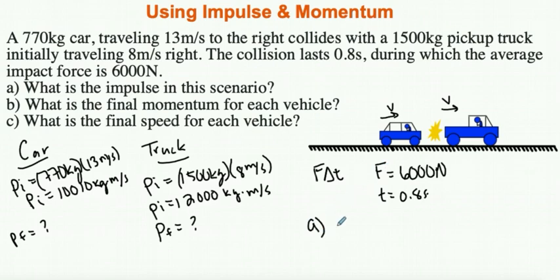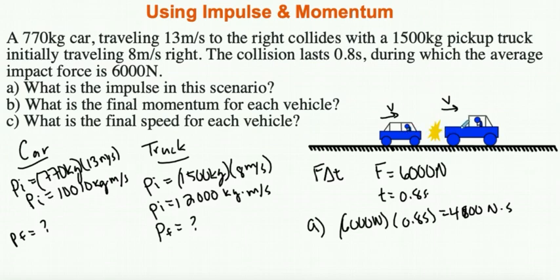So the impulse is just going to be F delta T, which is 6,000 newtons times 0.8 seconds, which is 4,800 newton seconds. All right, so now we have this, so that's the impulse, which is going to be the same on both of those. So remember I talked about that a little bit ago. The impulse is the same in a collision.